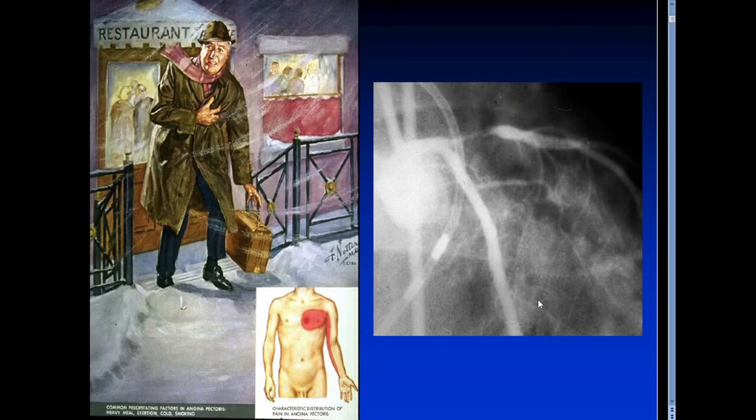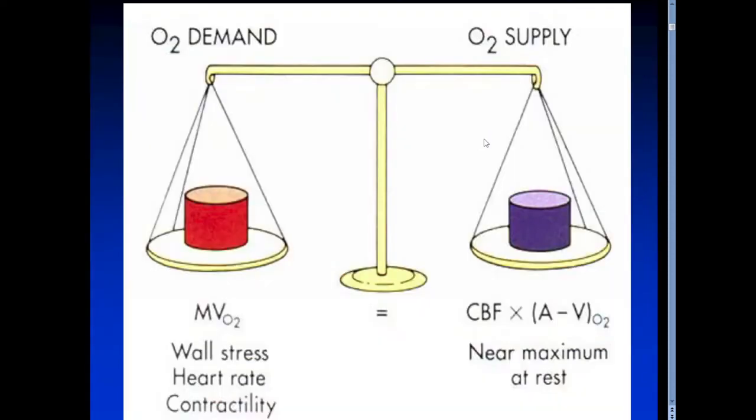And it is associated with the presence of very significant narrowing of the proximal part of the left circumflex branch artery. Now you see what the problem is.